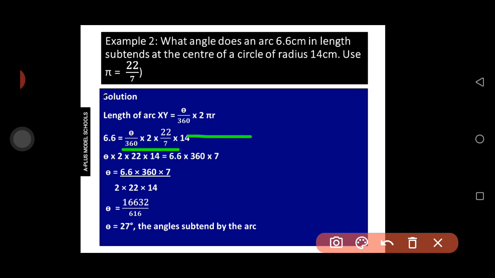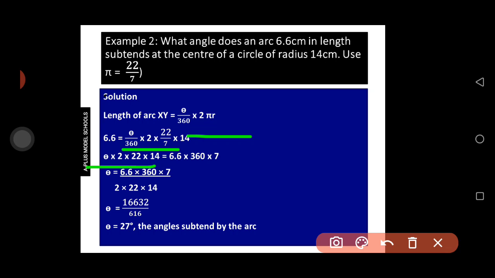Then divide both sides by what is beside your theta, which is 2 times 22 times 14. What you have left is your theta. So theta is equal to 6.6 times 360 times 7 all over 2 times 22 times 14.